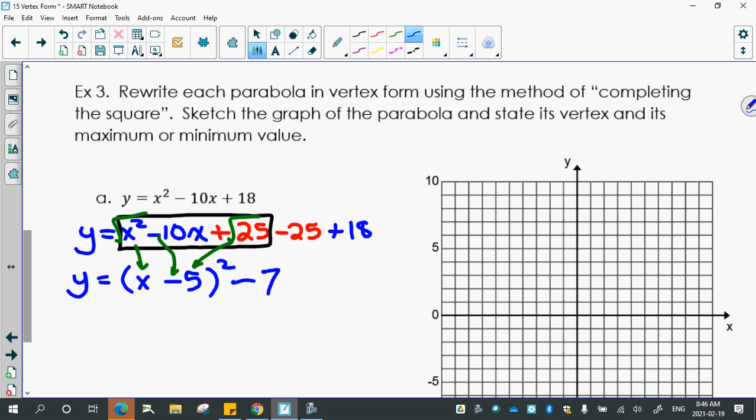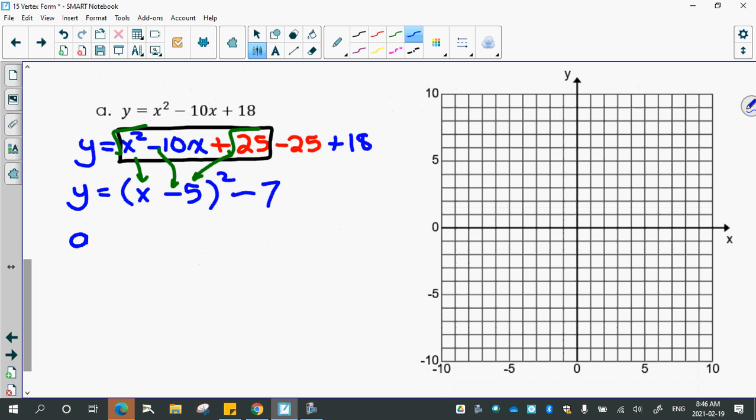Okay, so now you put it in vertex form, figure out what A, H, and K are.